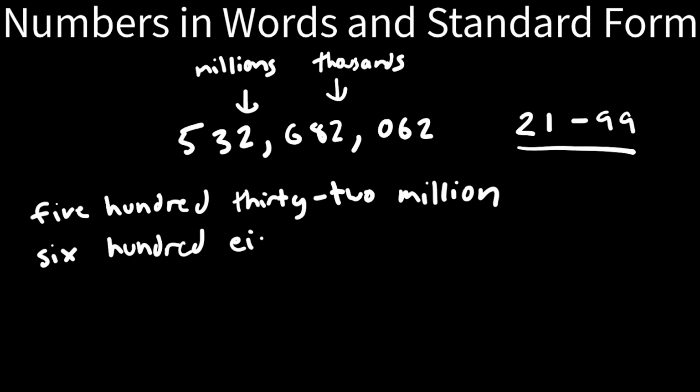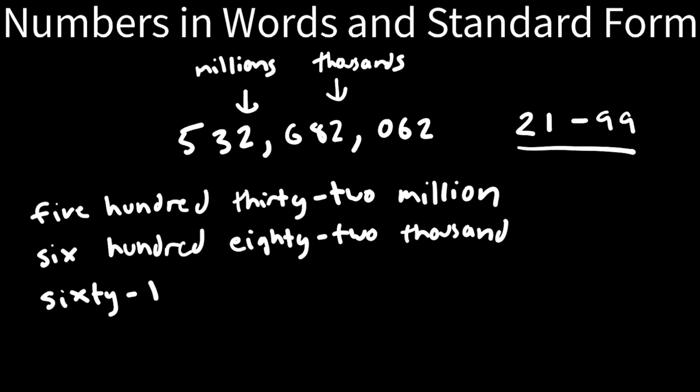Now we have 82,000 and the last triplet would just be 62. And 62 is in between 21 and 99, so it also has a hyphen. So this is a nice way of writing out this large number in terms of words.